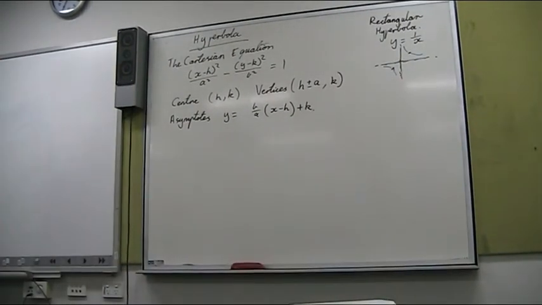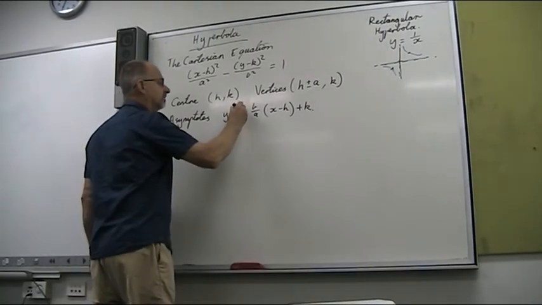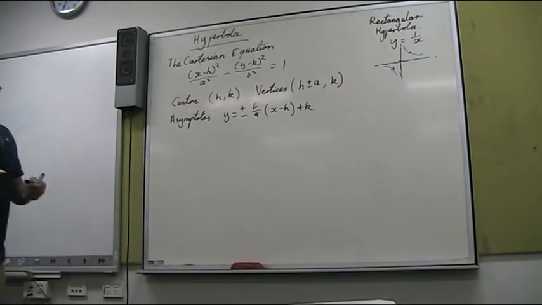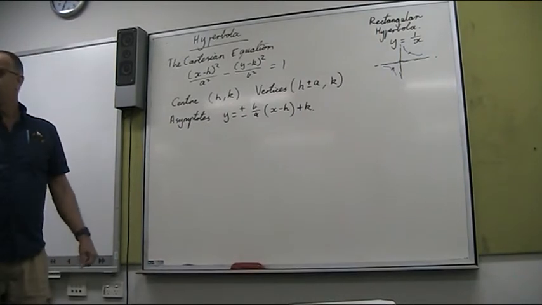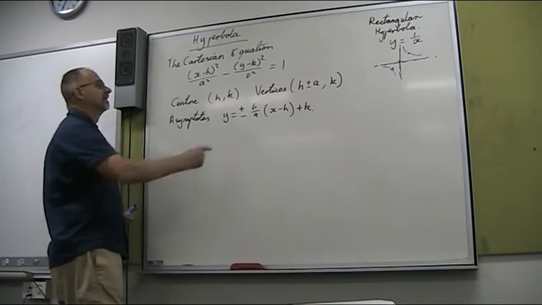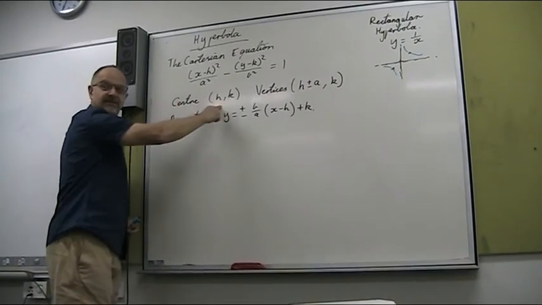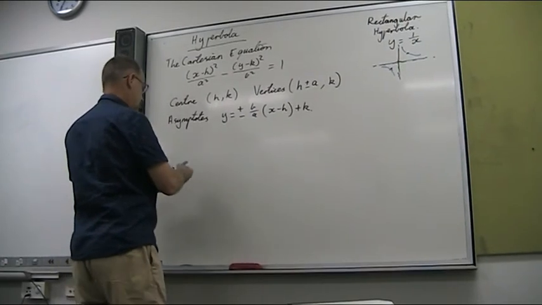Now, there would be two of them, not just one of them. So to get both of them, it's plus or minus there. So one of them is the positive gradient, the other is the negative gradient. And both of them, our asymptotes, will intersect at the centre.